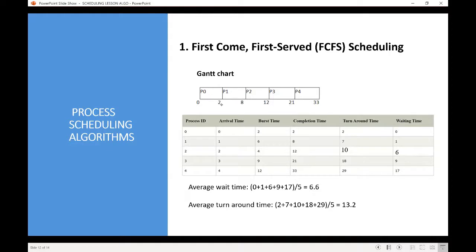Then process 2, P2, requires 4 milliseconds to complete, so it will complete at 12. Process P3 requires 9, so it will complete at 21, while P4, which requires 12 milliseconds, is going to complete at 33.